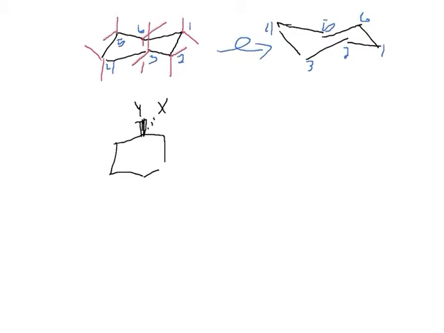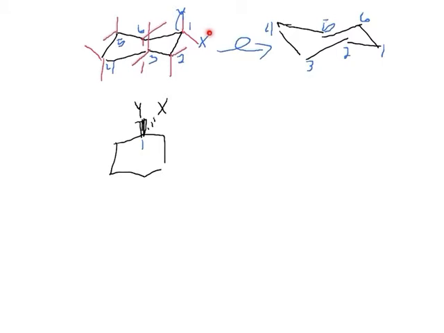So let's say carbon 1 had Y and X on it. In this chair conformation, Y is pointing up, while X is pointing down. Y is in an axial position here, and X is in an equatorial position going down.